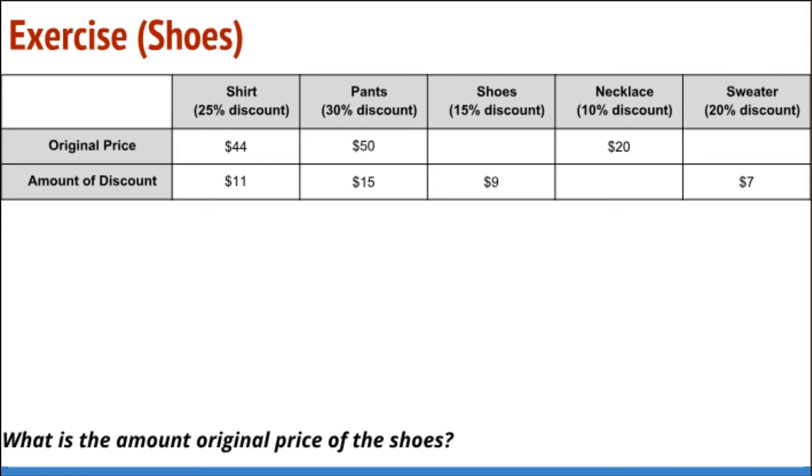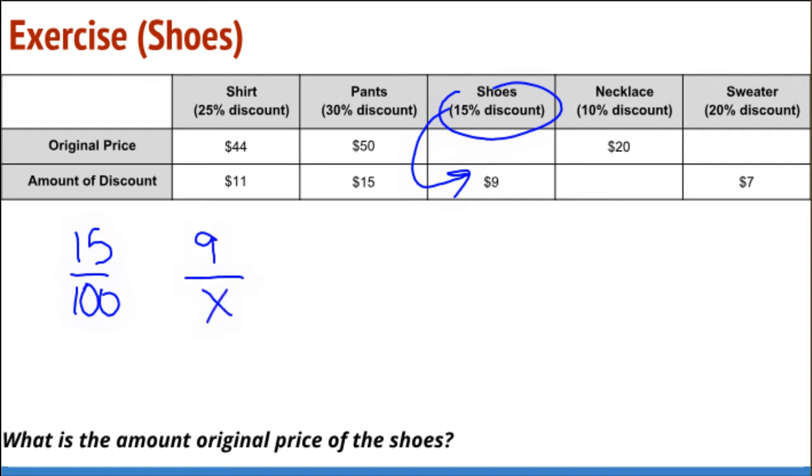All right, the shoes. The shoes had a 15% discount, and I can see that the 15% discount is equal to the $9. So thinking about this, I know I have 15%, which is 15 hundredths, and I know that that 15% is equal to $9, but I don't know what the total price was, the original amount. So I am looking for this right here.